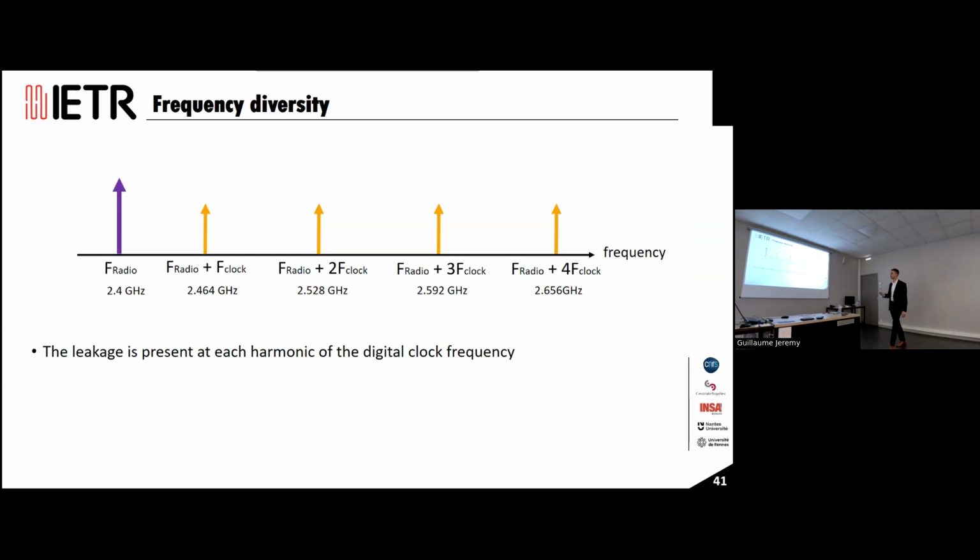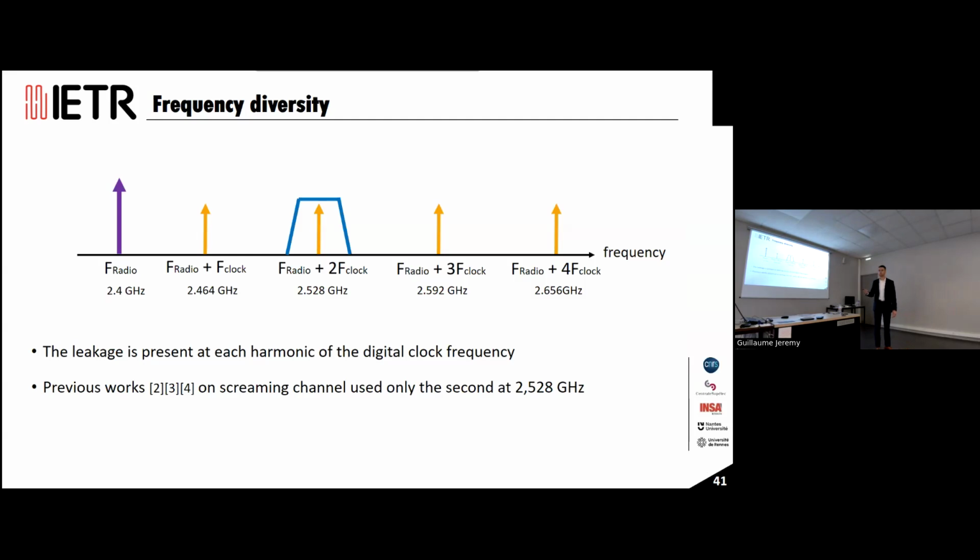And in all previous work on screaming channel attacks, they use only the second harmonic. Why the second one? Because the first one is often polluted by legitimate signals, like Wi-Fi or Bluetooth. And the further we go in frequencies, the weaker the leakage is. So the second one is most of the time the most interesting one in order to mount a successful attack.